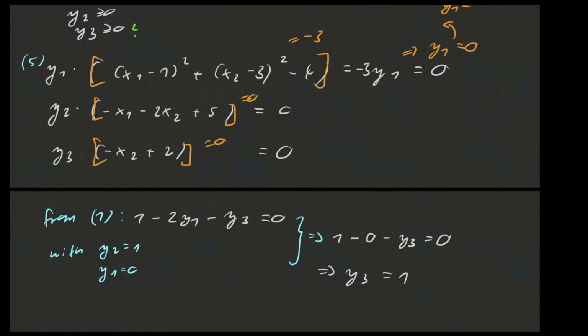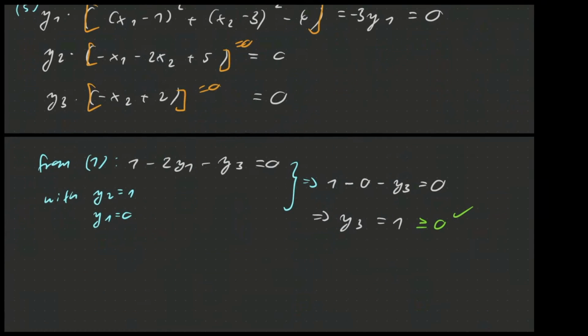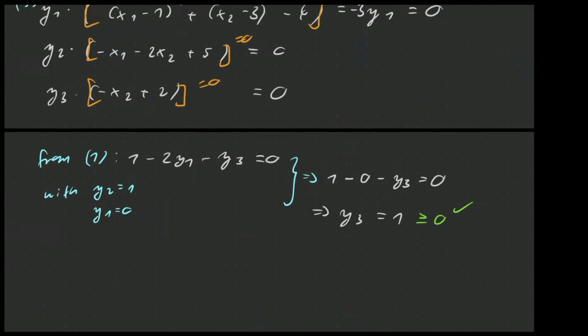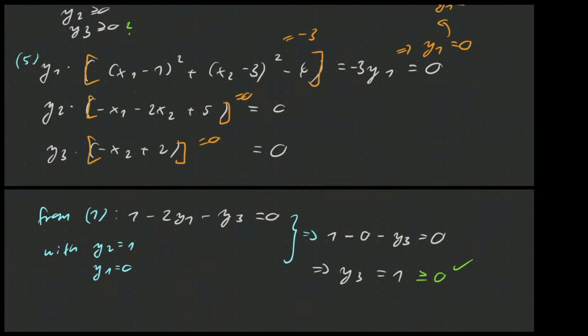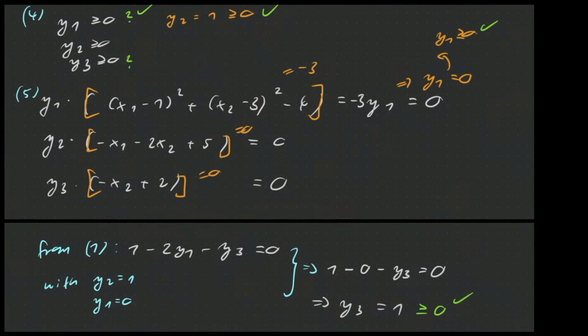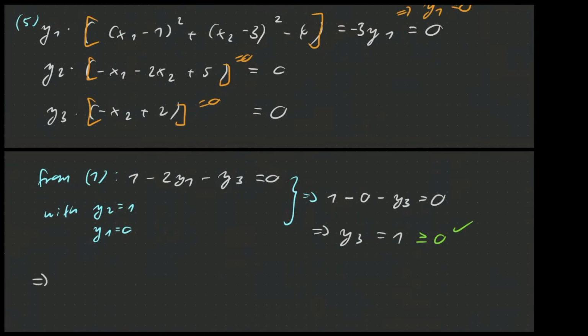And that is also greater or equal to 0. So altogether, that means this x star equals 1, 2 with y star, we just found that.